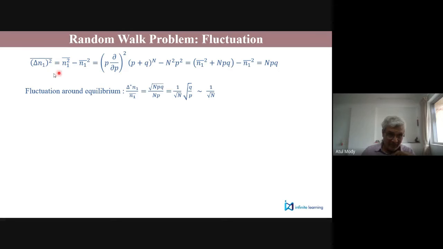I could easily write square root of delta n1 square bar, but उसके लिए short notation है delta star n1, and I divide by n1 bar. Then the square root of this is root npq. N1 bar is np. So I will get 1 by square root of n times square root of q by p.